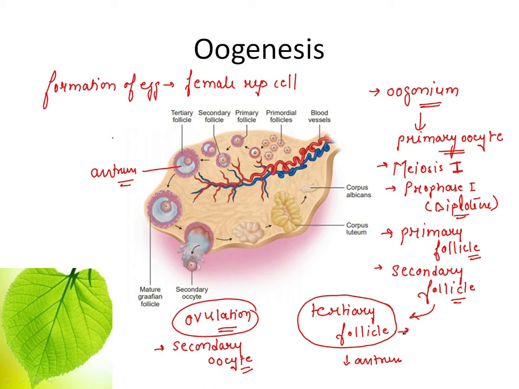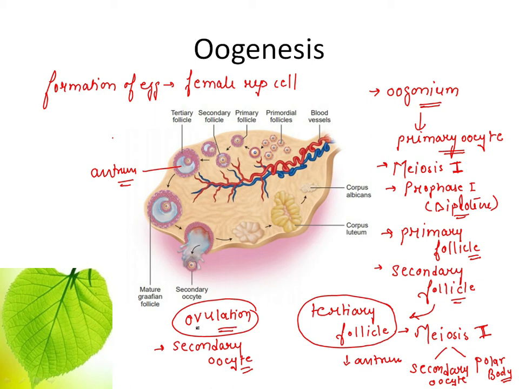Here the meiosis first completes actually in the tertiary follicle. The meiosis one completes, resulting in the secondary oocyte and polar body. The function of polar body is still unknown. It actually dies, degenerates.